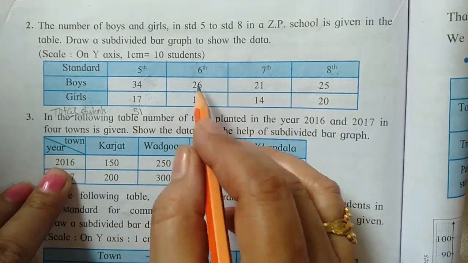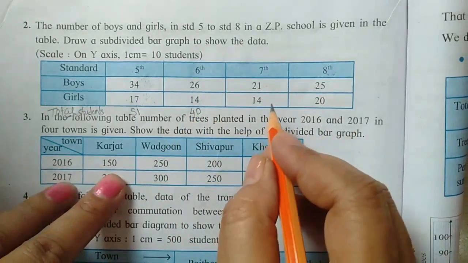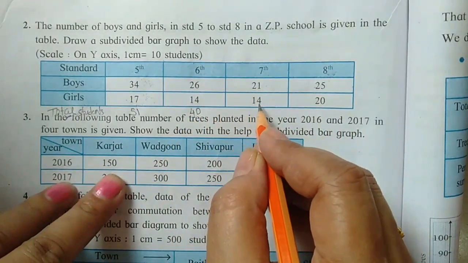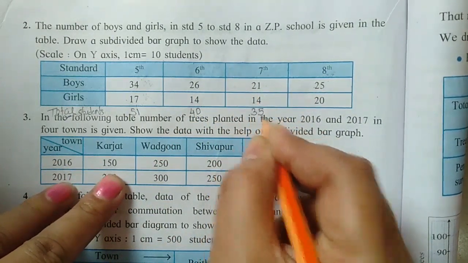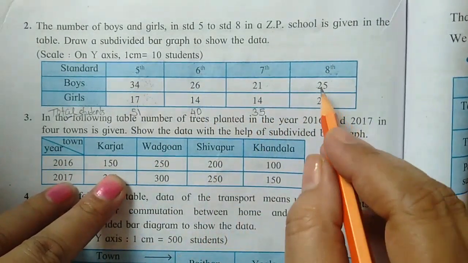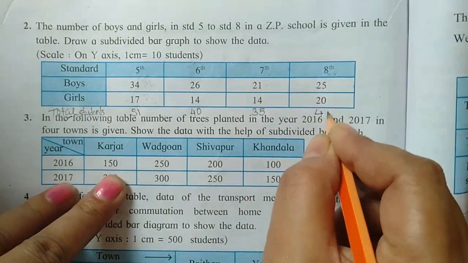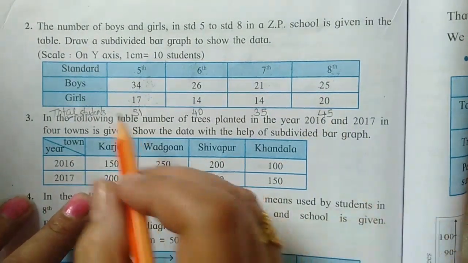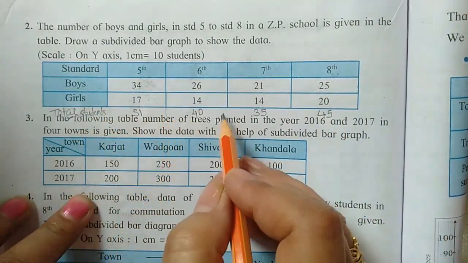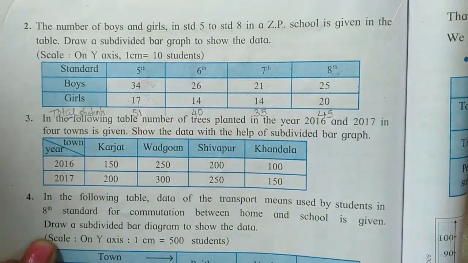26 plus 14 is 40. 21 plus 14 is 35. 25 plus 20 is 45. Now by using this information we draw a subdivided bar graph.